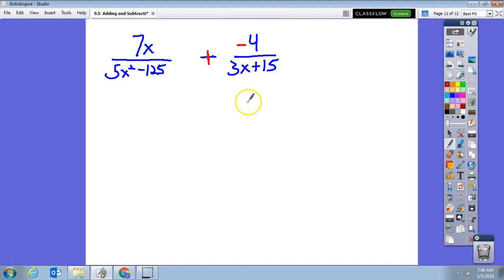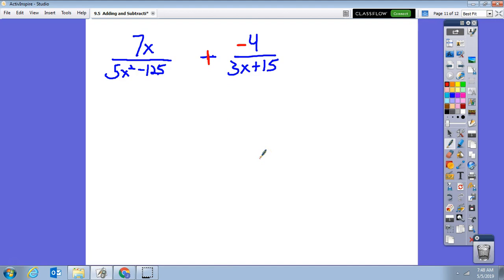You change the whole problem and mess it up. So I don't change the whole fraction over here. I just change the top to a negative because that makes the whole thing negative like it used to be. So leave, change, change. Now it's just back to an addition problem.